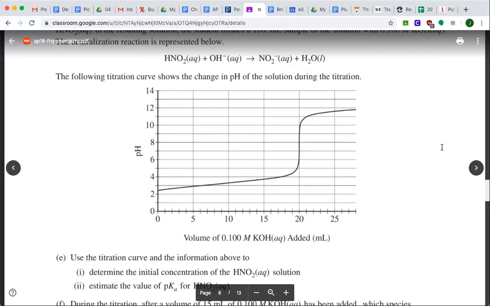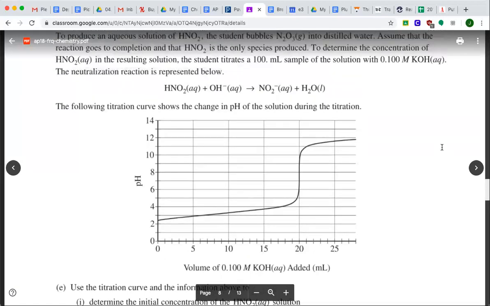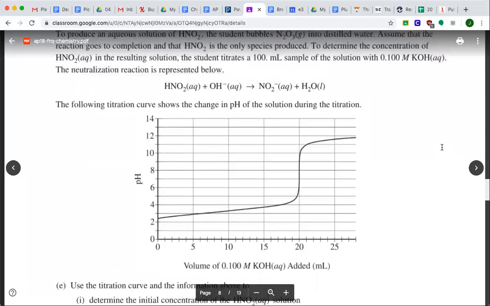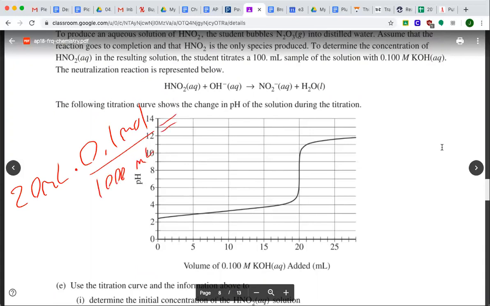So what did we deal with? We added 20 milliliters of 0.1 molar potassium hydroxide. So if you think about that, you've got 20 milliliters times 0.1 mole per 1,000 milliliters equals 2 divided by 1,000.